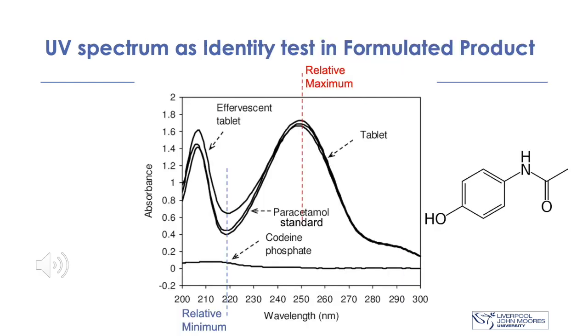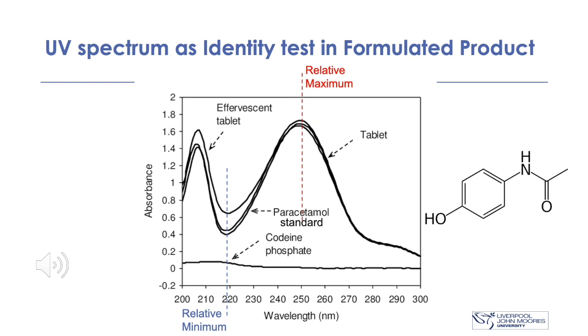So when you apply this ultraviolet test to a formulated product, you can see that in this case we have effervescent tablets and tablets, and a paracetamol standard. All three UV spectra are almost matching perfectly.